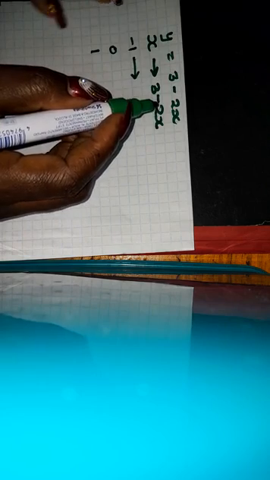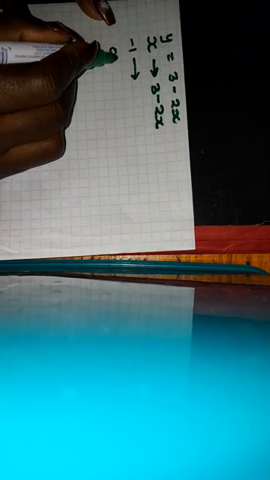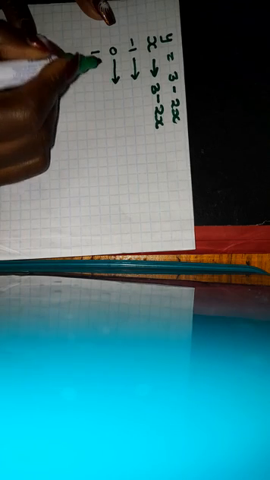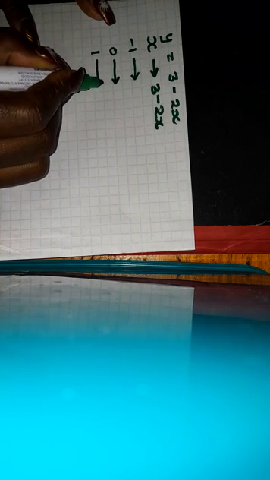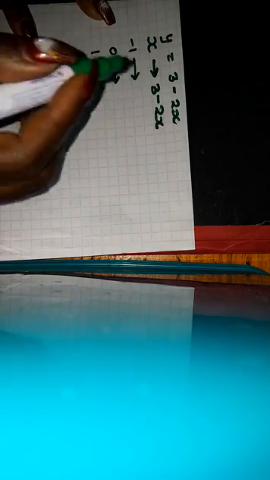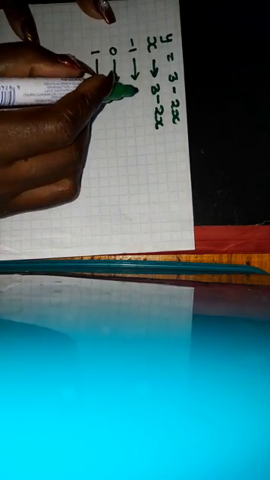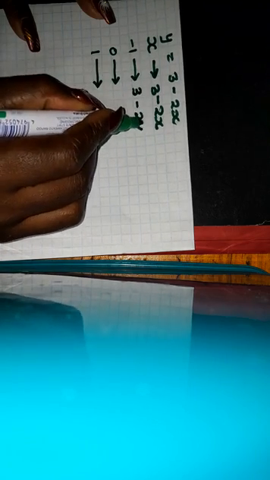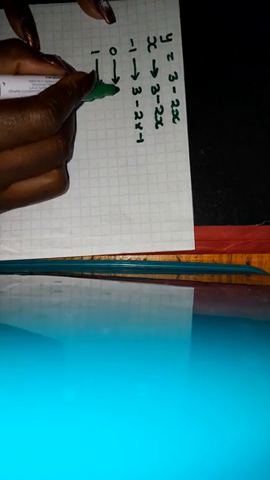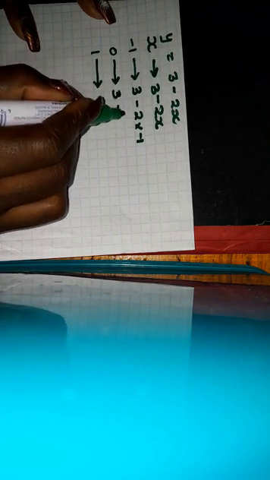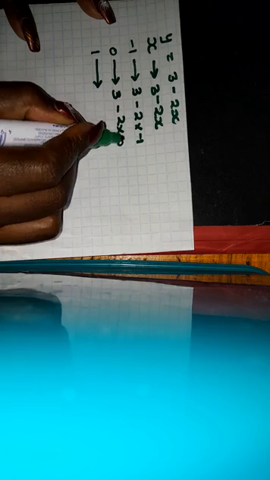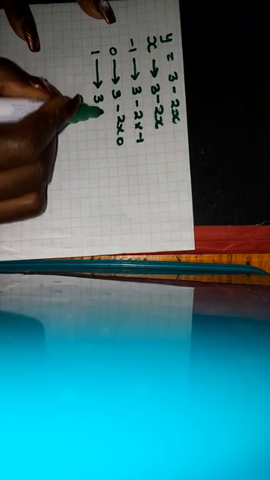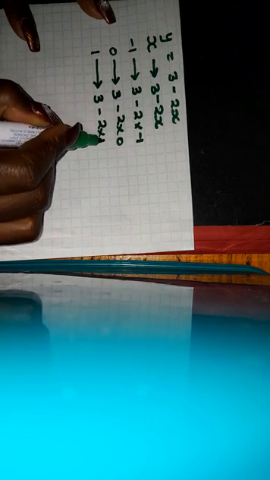But maybe choosing these smallest values is better. The manipulations will be easier. So let us continue. You have 3 minus 2 times -1, 3 minus 2 times 0, 3 minus 2 times 1.